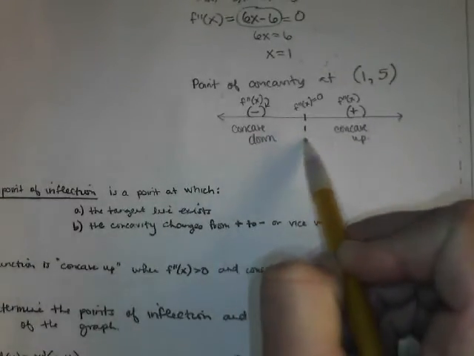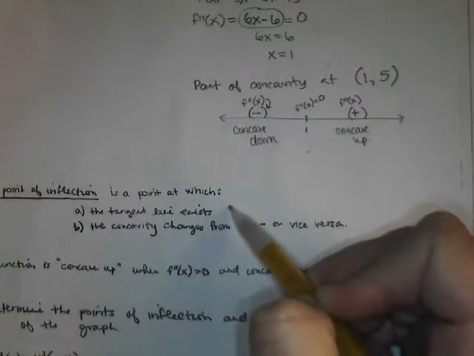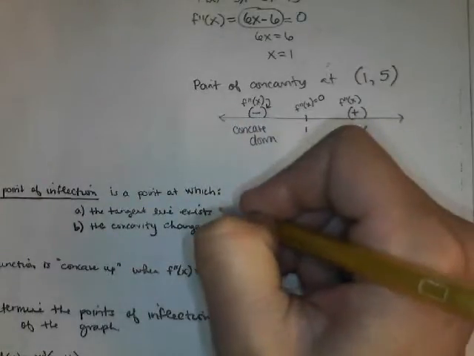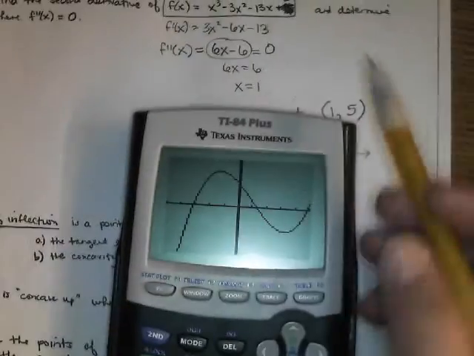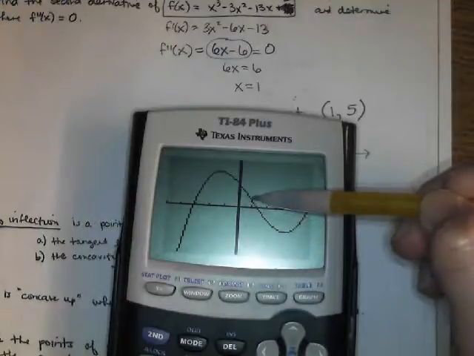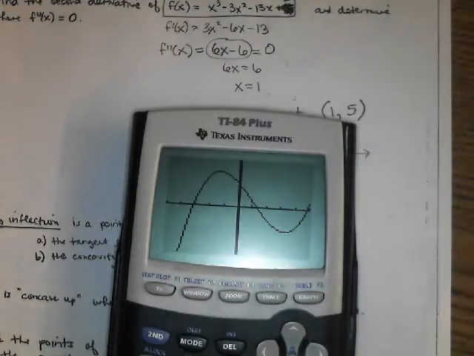This is just kind of a fine print detail. The tangent line has to exist there, and obviously we can look at one, our tangent line exists. Does that make sense? I don't know if we'll come across one where the tangent line doesn't exist there, so we would not consider it a point of inflection, but let's be on the lookout for that.